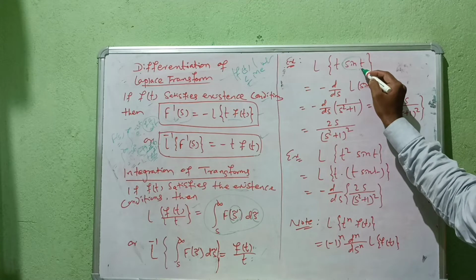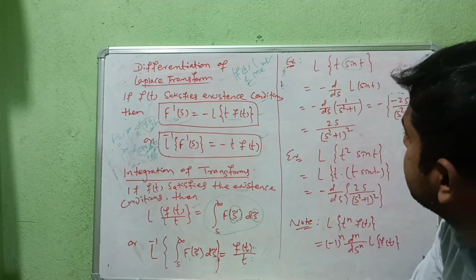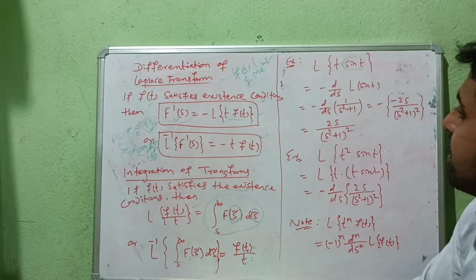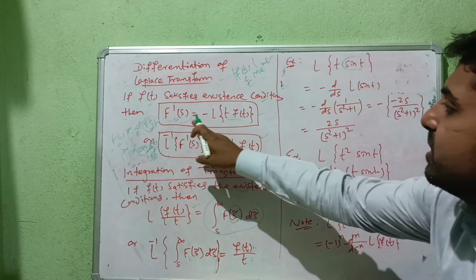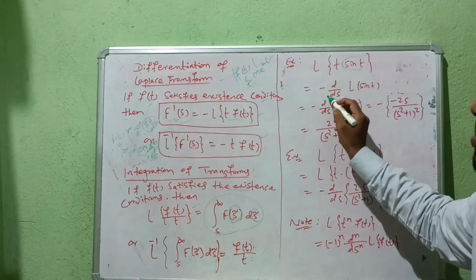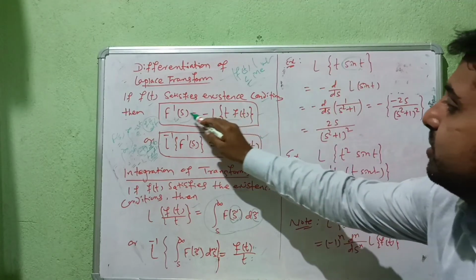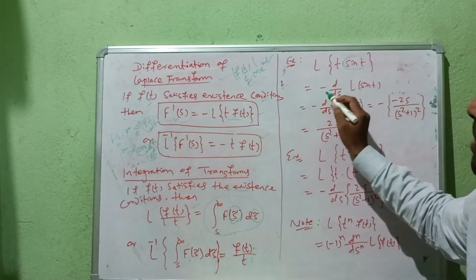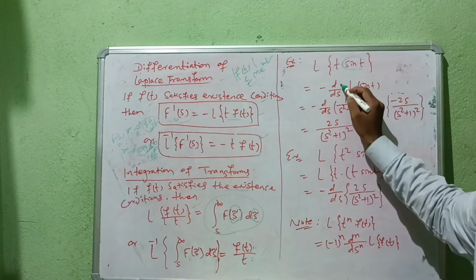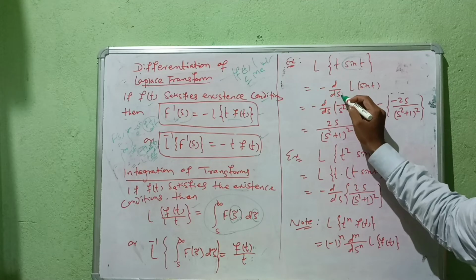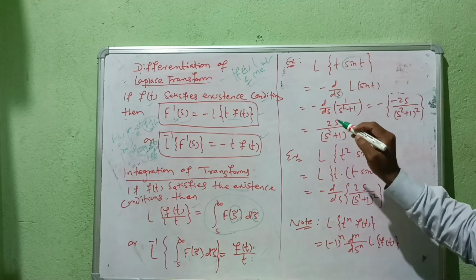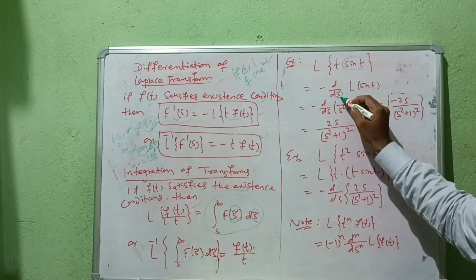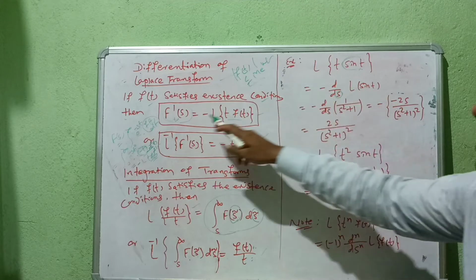So you can put this formula. Minus is here, so you can multiply by minus: minus the derivative, and remember this is the derivative with respect to s only. So minus d by ds of Laplace of f of t.